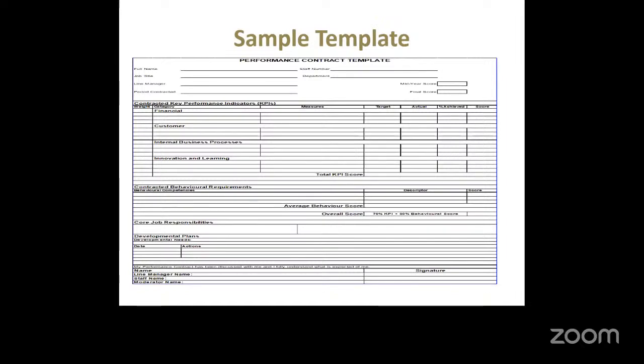How do the two interact? Because you may have some departmental KPIs appearing on the individual KPIs, of which the individual may not be responsible for such KPIs. Thank you. Thank you very much.